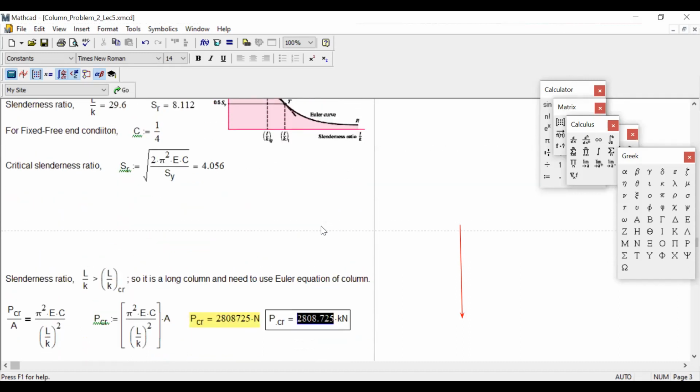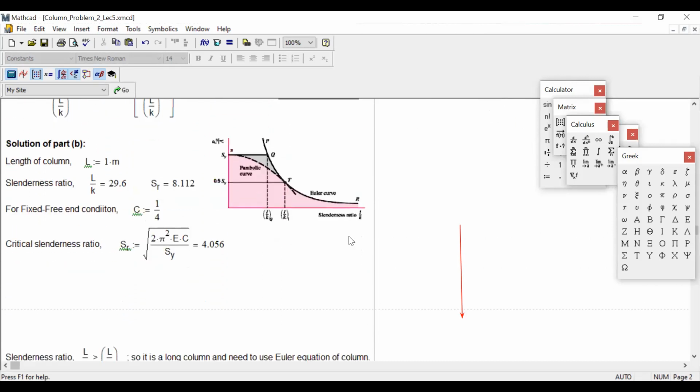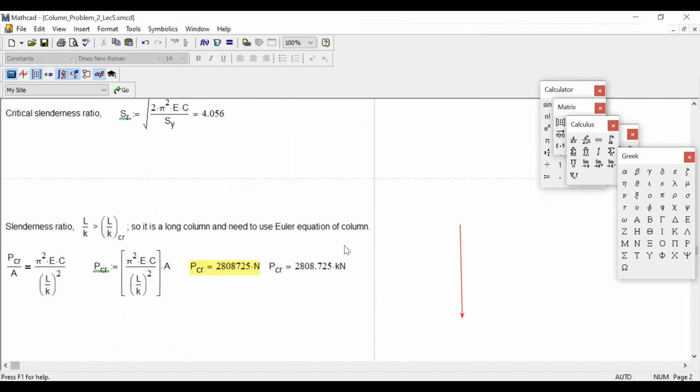But column is 1 meter short. But right over here you got 700 kilonewton. Okay. Even column is shorter, it carry little bit higher load, right? Because column is shorter, it carry more load, but due to the changing of end condition, its load bearing capacity is going down little bit.